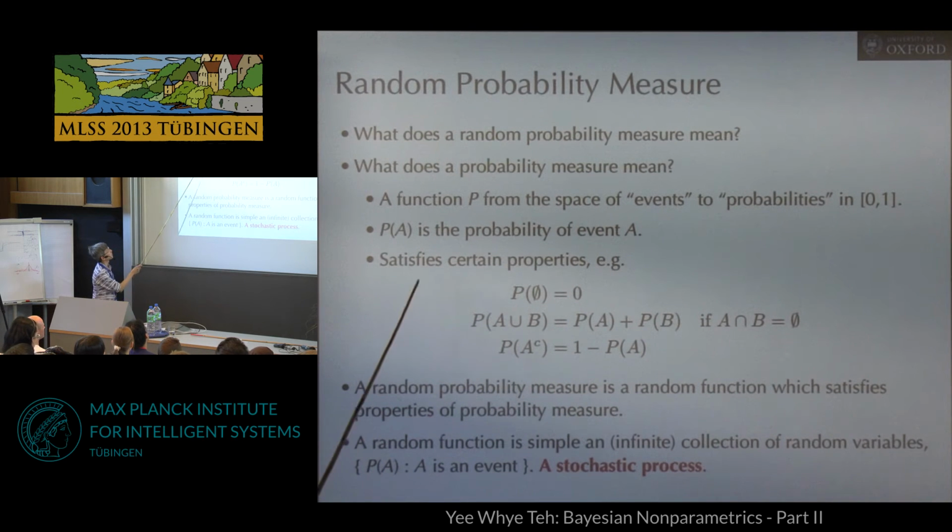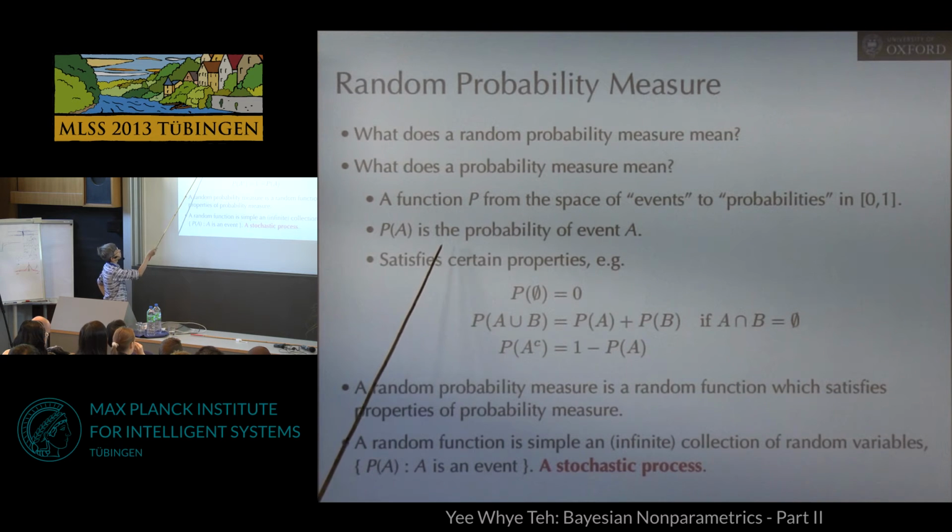A is simply an event that could or could not occur, and P of A is simply the probability that the event occurred. It's a function that satisfies certain properties that make it a probability measure. For example, the probability of the empty event will be 0, which makes sense, right?